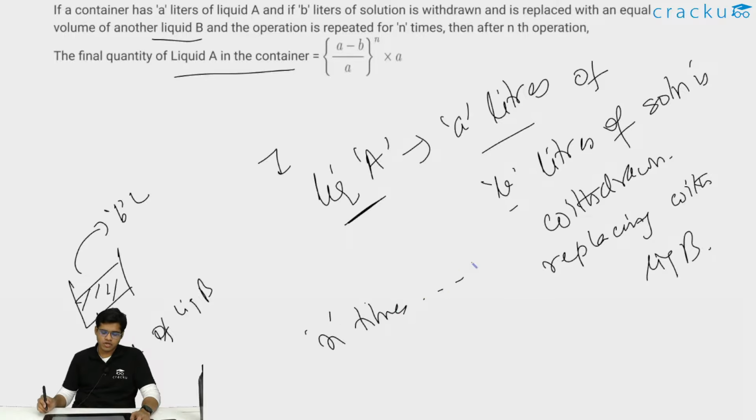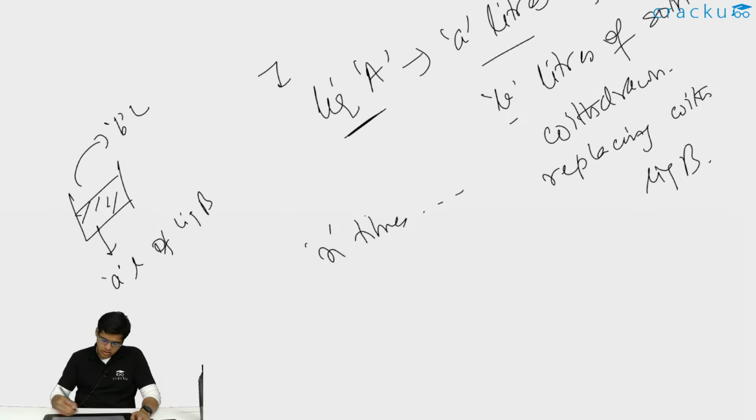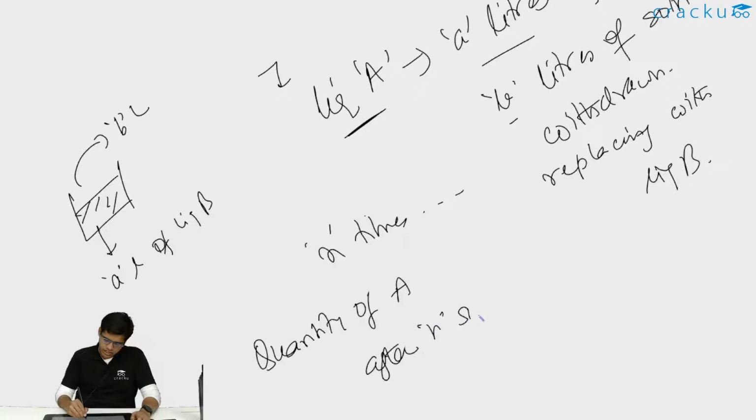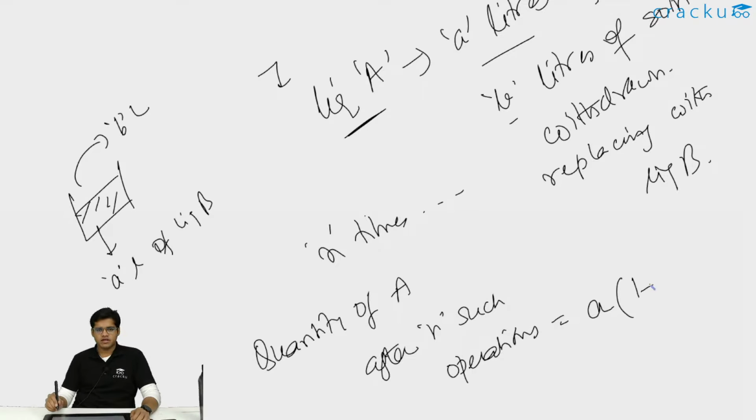This is going on. So the formula is saying that the quantity of A after n such operations will be what? Initial amount of liquid A, which is small a, into 1 minus how much volume is being removed?